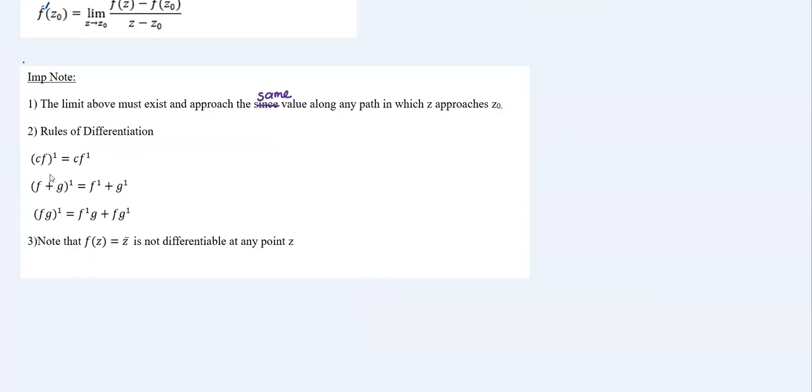Now rules of differentiation: derivative of a constant times a function is the constant times the derivative of the function. Derivative of the sum of two functions is equal to the sum of their derivatives. And this is the UV rule. This is applicable here.